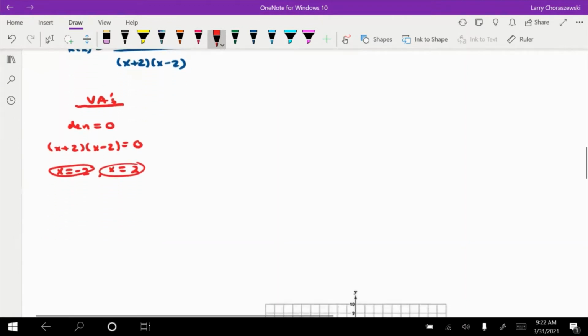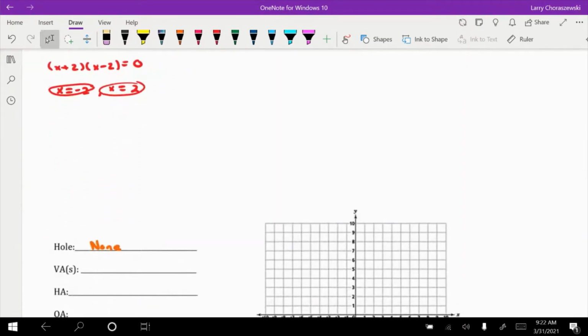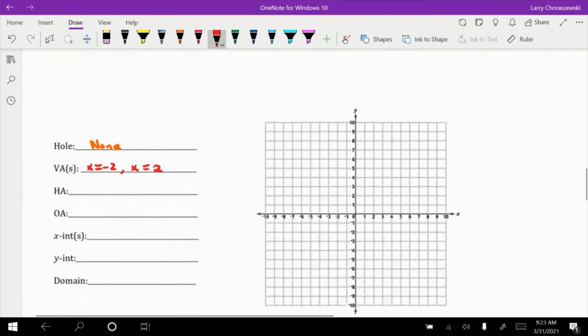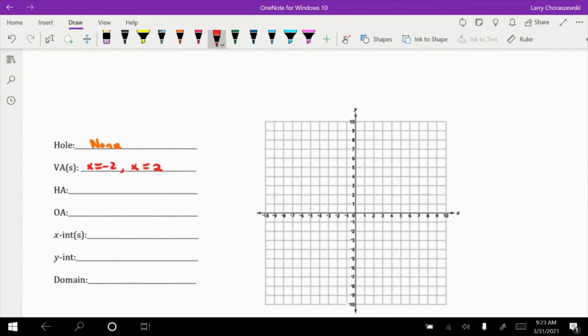So let's go back down to our list. And where it says VAs, let's write x equals negative 2, x equals positive 2. And before I go back up to include more work, you may recall that there's a strong connection between vertical asymptotes and domain. Vertical asymptotes are where division by 0 occurs.